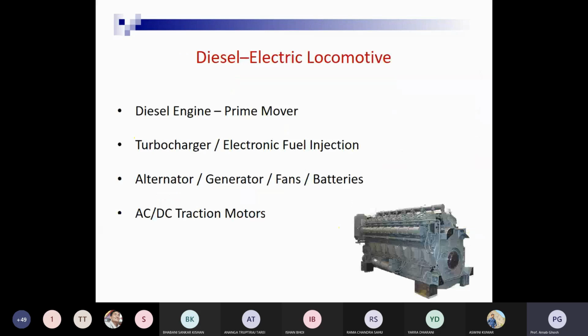So the diesel electric locomotive, what happened? At the end of the day, what is your motivation? Your main motivation is to move the prime mover, sorry, to convert the electrical energy to mechanical energy.